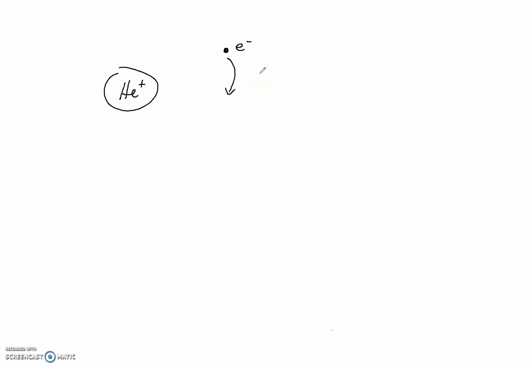Let's even simplify. Let's say it's even going the same speed that we had for hydrogen. So let's say it's going 2.2 times 10 to the 6 meters per second around helium. Obviously, helium and hydrogen are not the same thing. It's just one proton more, which changes the charge of the nucleus a little bit.